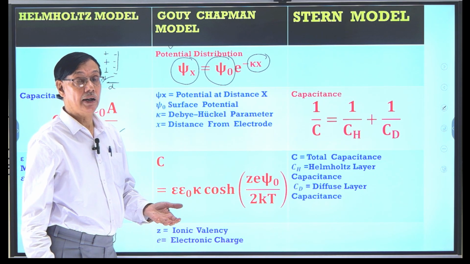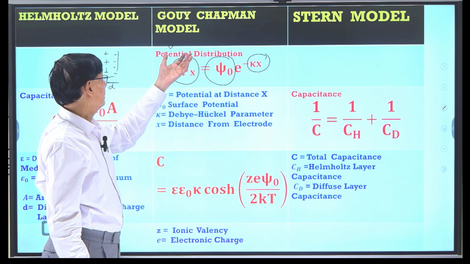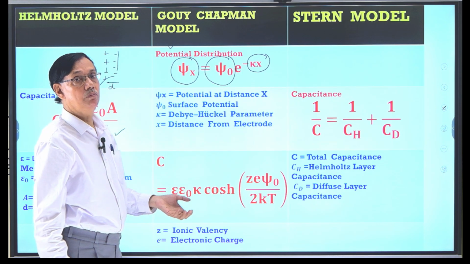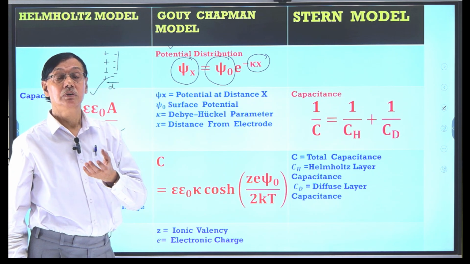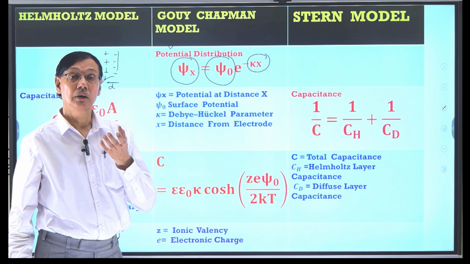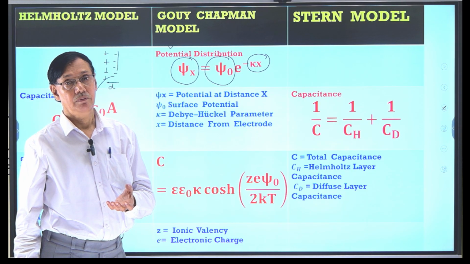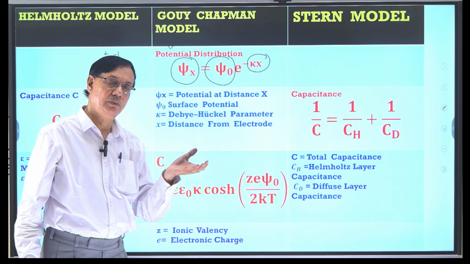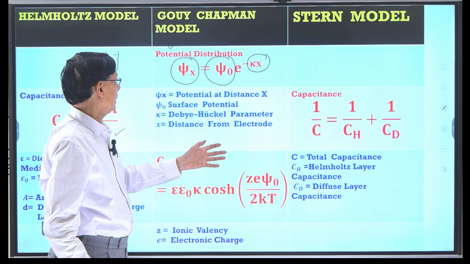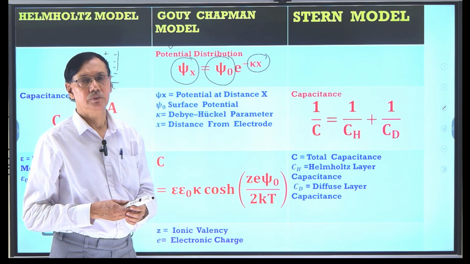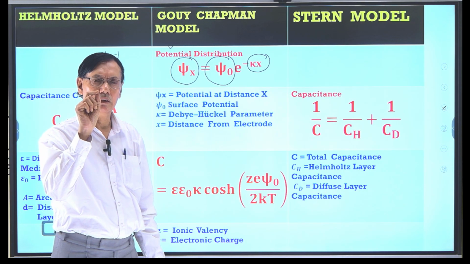Tomorrow when I will derive this most important Gouy-Chapman model, I will have to take the help of Debye-Huckel equation, because the assumption of Debye-Huckel equation and the assumptions of Gouy-Chapman are exactly same. Just consider that just like a point mass.